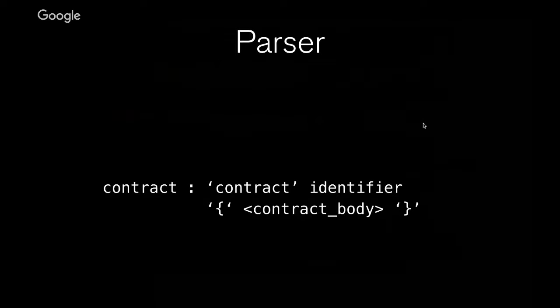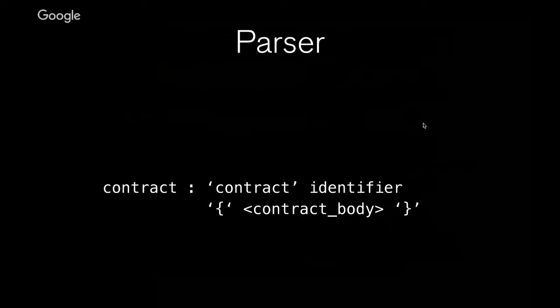So a rule could be, like the example here, the rule for contract is the token contract, then an identifier, then an open curly bracket, then the contract body, which is going to be another rule, but we don't care about it right now, and then a closing bracket.